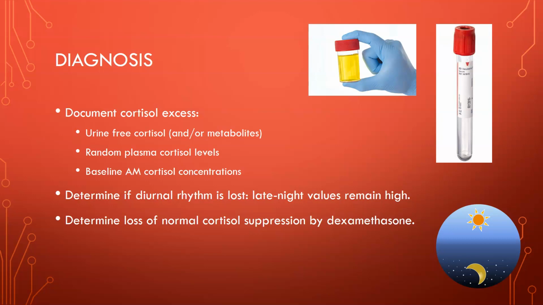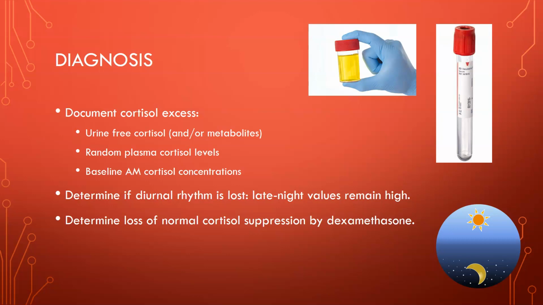So it is good to do also morning and evening cortisol levels to see if the diurnal rhythm is lost. Normally what happens in your daytime is your cortisol levels climb during the morning and are probably highest mid-morning going into lunchtime, and that gives you your activity to start your day.